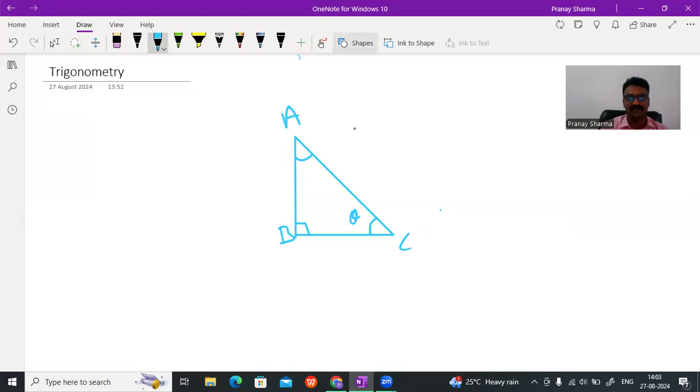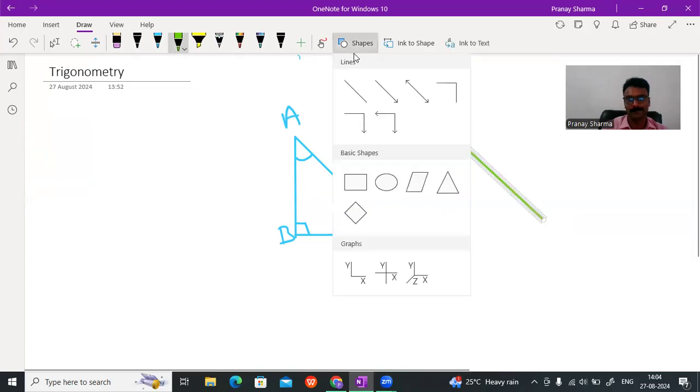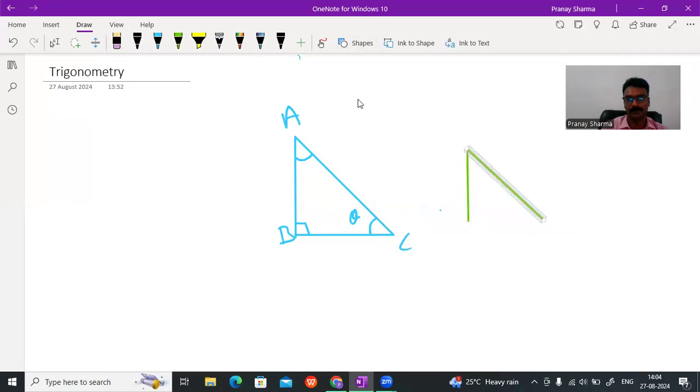Now suppose we have another triangle. Let me draw this with the help of a different marker. Although things are not the way they were planned to be.